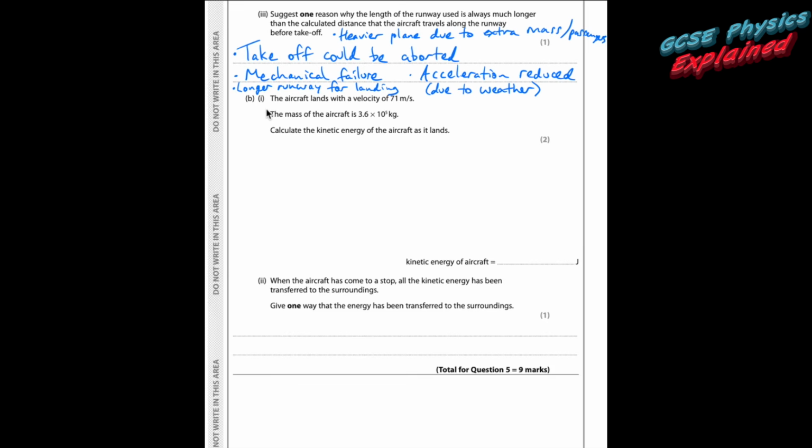B part 1. The aircraft lands with a velocity of 71 metres per second. The mass of the aircraft is 3.6 times 10 to the 5 kilograms. Calculate the kinetic energy of the aircraft as it lands. So kinetic energy is our target. Let's use the equation for kinetic energy. That is 1/2 times the mass times the velocity squared.